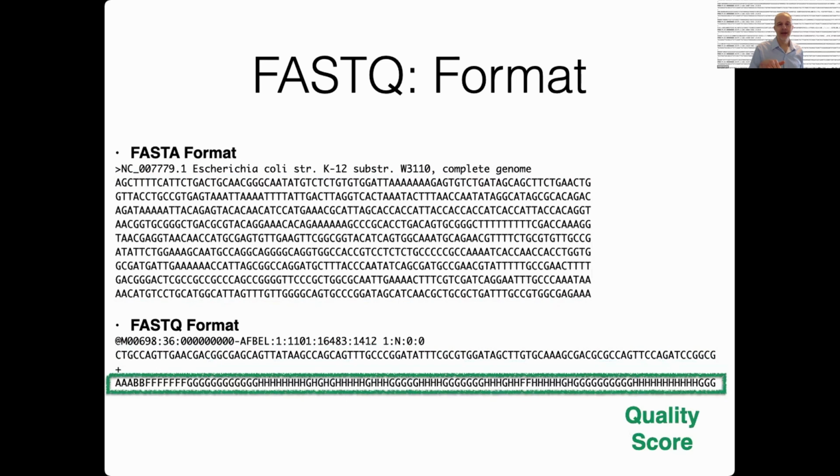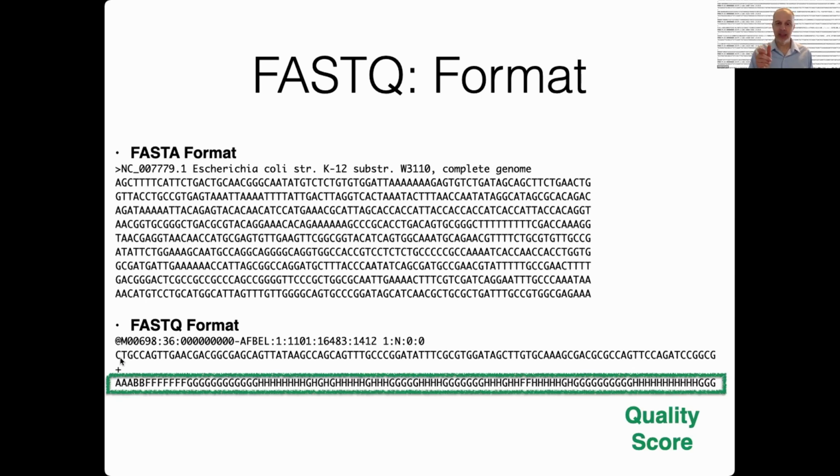So now we get into something that the FASTQ file has that the FASTA file doesn't. And I touched on this a little bit last week, which is the quality score. For each base in the sequence in the FASTQ format, it has a quality score assigned to it. That quality score is the sequencing software making an estimation of how accurate it thinks this measurement is, right?